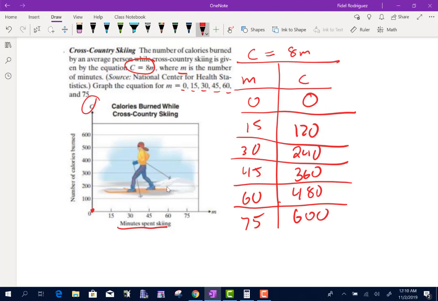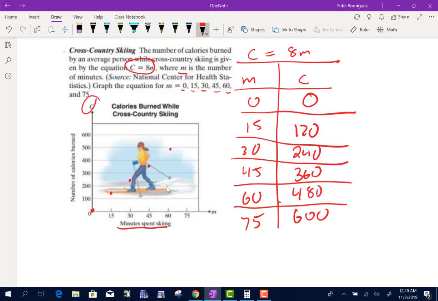So look, guys, here's 100, here's 200. 150 would be in the middle, so maybe just a little lower than the middle, 120. Again, I'm eyeballing it, right? 30 should be at 240, so a little bit less than halfway. 45 should be at 360, maybe a little more than halfway. 60 should be at 480, so almost at 500.